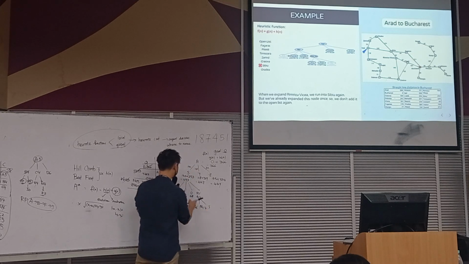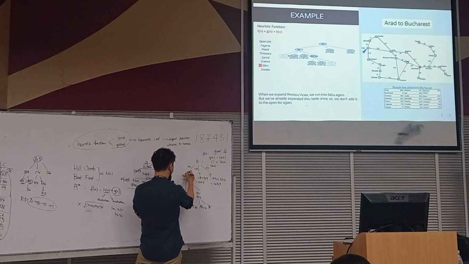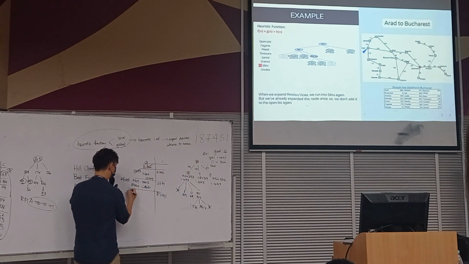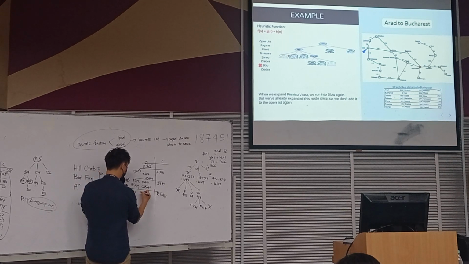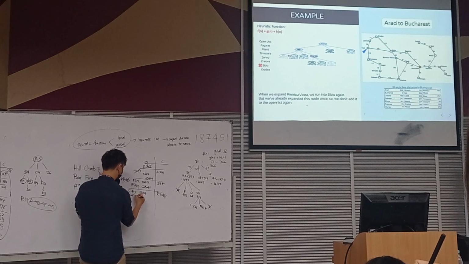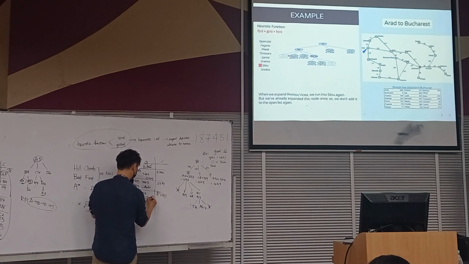Sibiu you have already traveled before, so we are not going to have a repeated state. So you have 2 values here, add them inside, so you have F 415 followed by P 417, T 447, Z 449, followed by C 526, O 671.